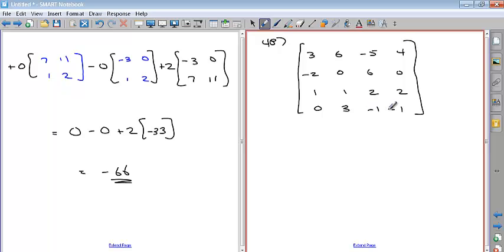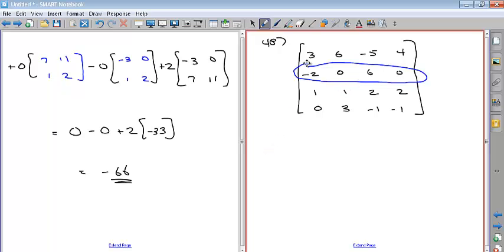So this one you actually have to go through it twice. Okay, so what we're going to do is first you want to pick a row that has the most number of zeros, which is this one. So we're going to do this row right here, or column. But that's the only row or column that has 2 zeros in it.